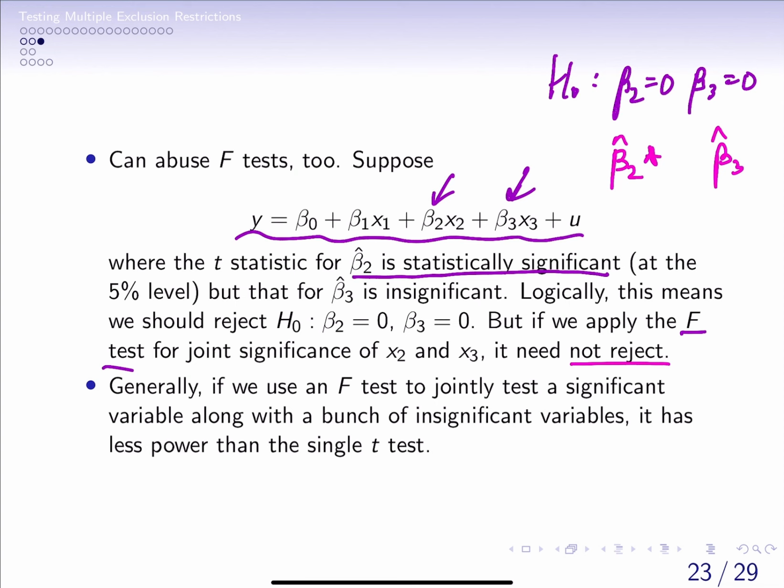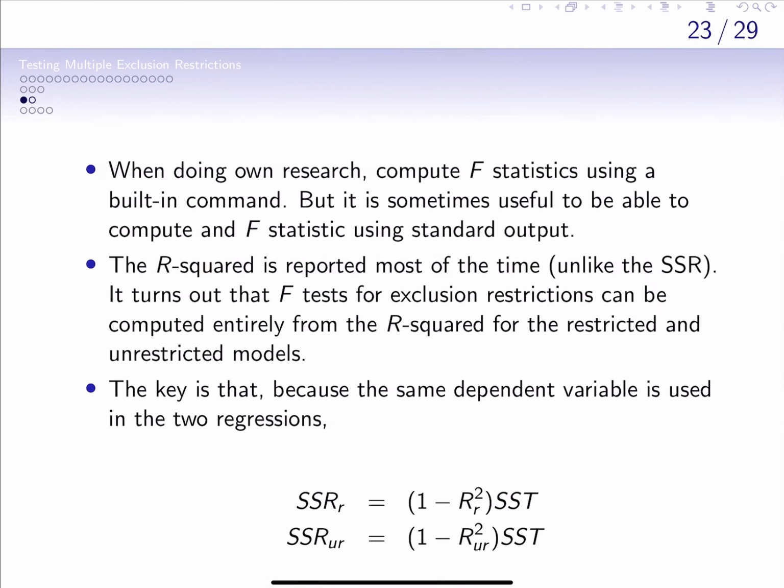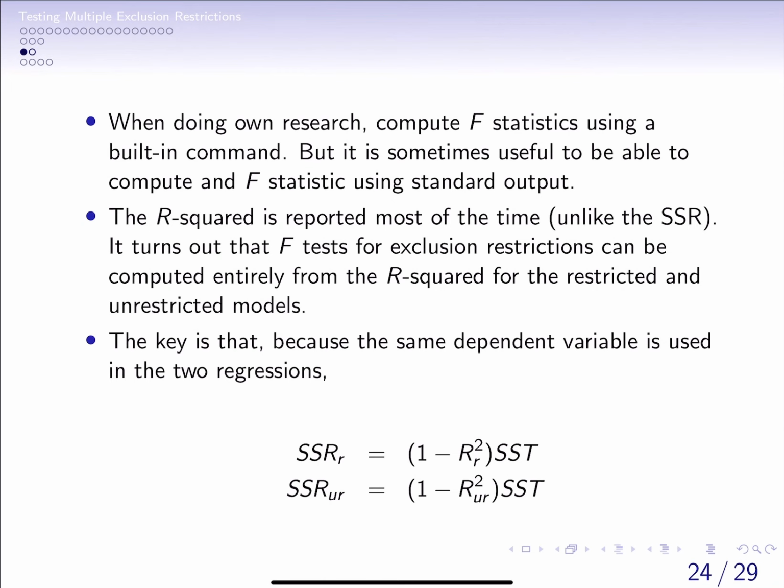So generally, if you use an F test for variables that are significant with a bunch of other variables that are insignificant, if you're looking at those variables individually, it has less power than a single t-test. That's just something you want to keep in mind.